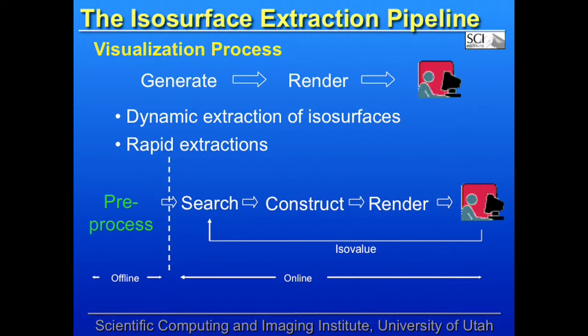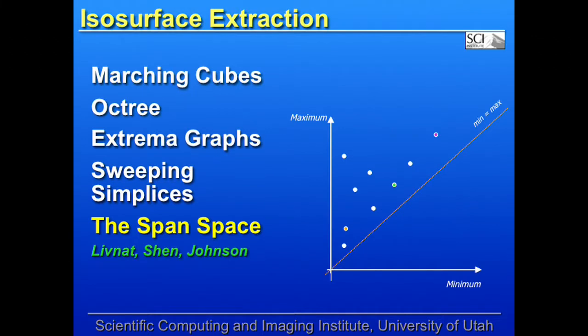When we think about isosurface extraction, we search, construct, and render the images, and then as this went along, we started to do pre-processing, and then there were a set of algorithms. There's the original paper on marching cubes, octrees, extrema graphs, and sweeping simplices, which was an unstructured mesh one that Han-Wei and I did.